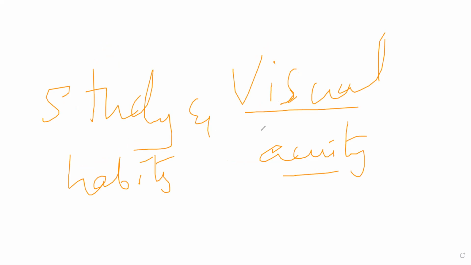Okay? Detail in any particular subject or detail in anything for that matter. Are you going into depth and are you seeing the minutest details? उसको visual acuity बोल सकते हैं. It does not mean only related to any subject. You can see any pattern and things. उसको भी visual acuity बोल सकते हैं. If you are seeing a set of numbers, are you able to find out the pattern in between them? That is also categorized as visual acuity.